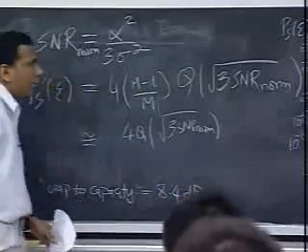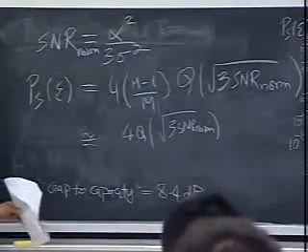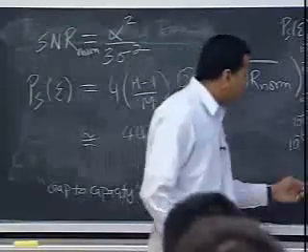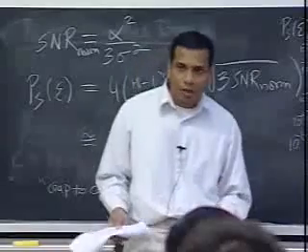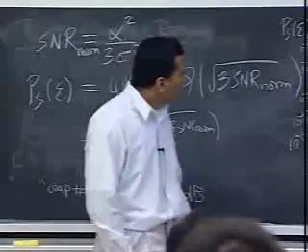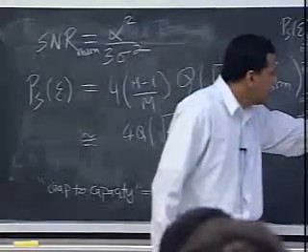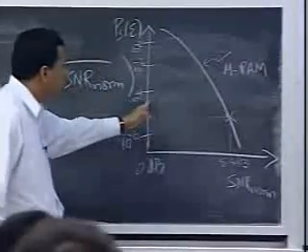So if I want a certain spectral efficiency and I use MPAM, I'm 8.4 dB away from the Shannon limit. The idea behind coding, as Aman pointed out, was to start from here and do coding to come closer and closer to bridge this gap.